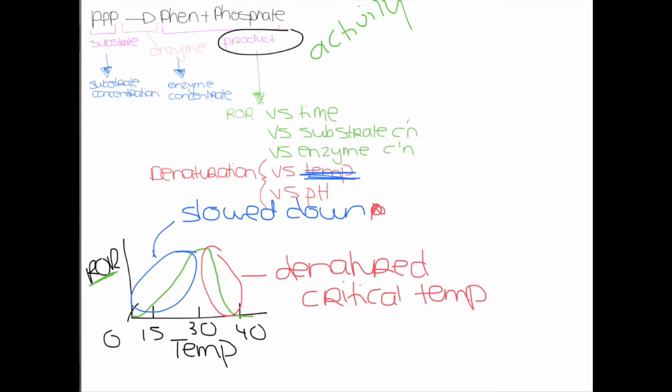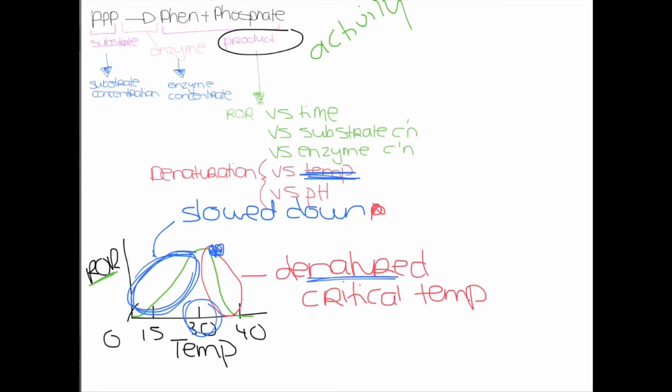If you heat these enzymes up here that have been exposed to cooler temperatures, if you expose them up into the optimal range, which is around 30-37, then it will start to work again. Okay, but once it reaches this critical temperature where it starts to denature, that's it. The enzymes are gone. Okay, so that's really important to know.